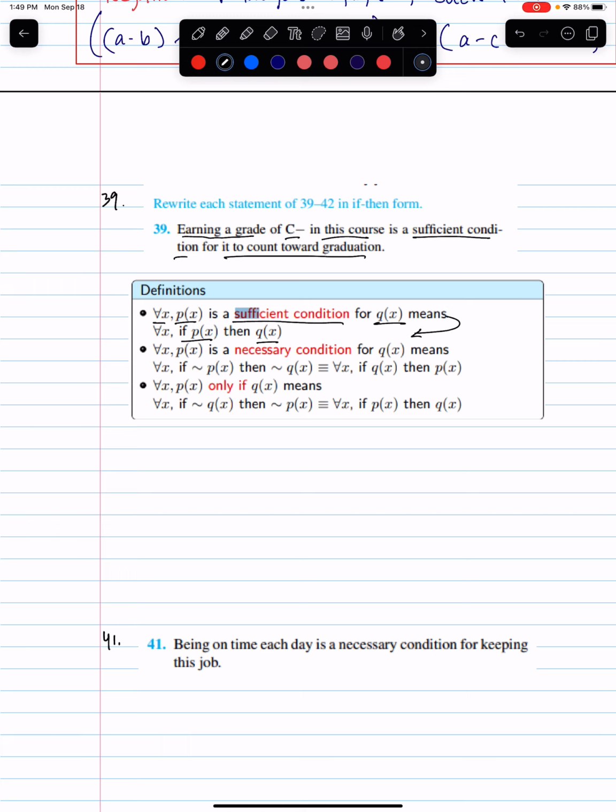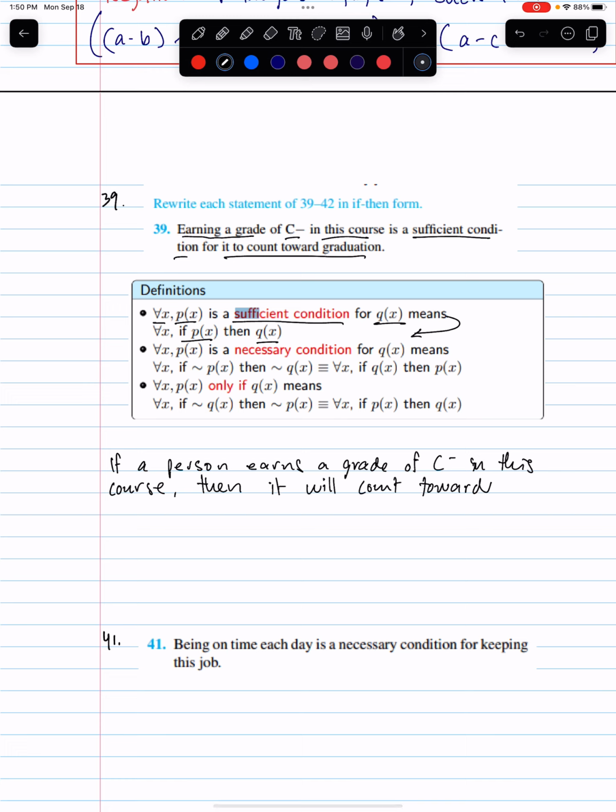So we could rewrite this pretty easily. We could just say something like, if a person earns a grade of C minus in this course, then it will count towards graduation.